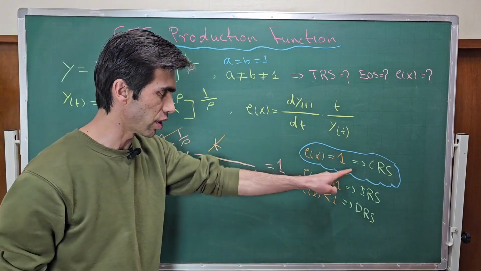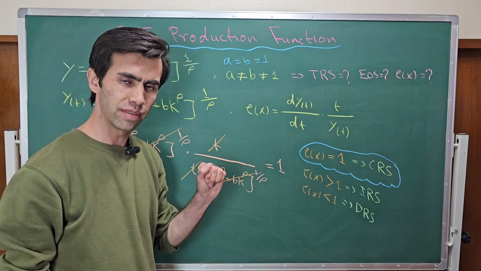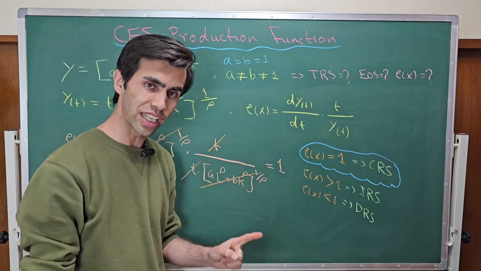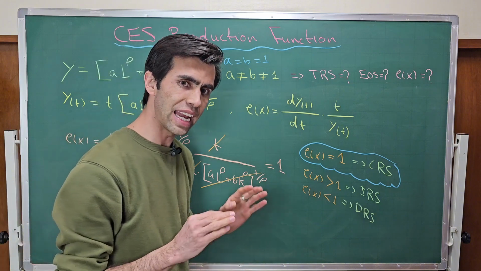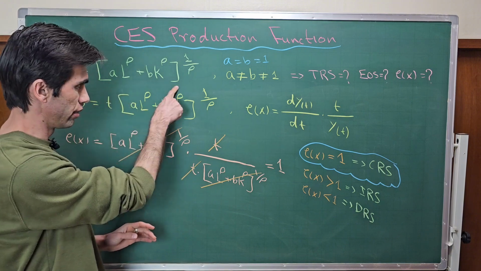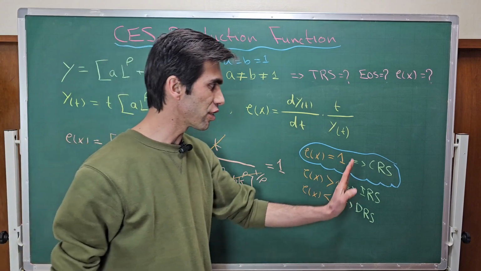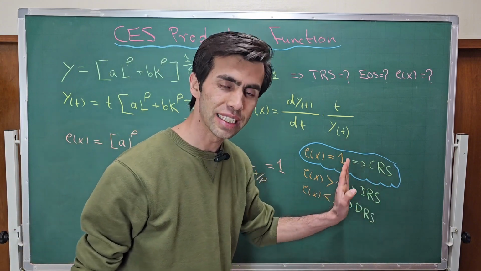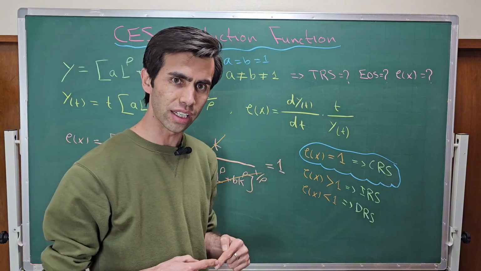Elasticity of scale is equal to 1, and thus the CES production function exhibits constant returns to scale. So therefore, in any case, when we have this form of CES production function, we have constant returns to scale. This is the final conclusion.